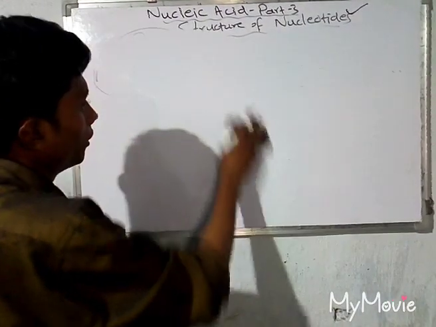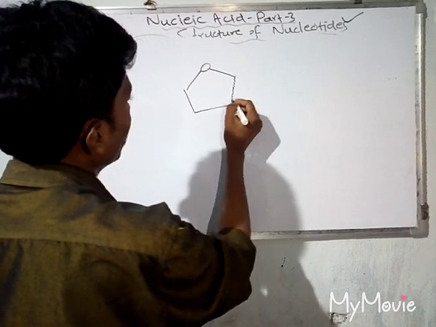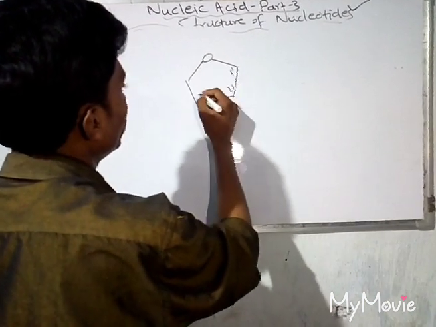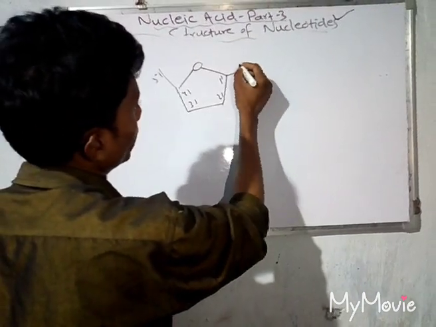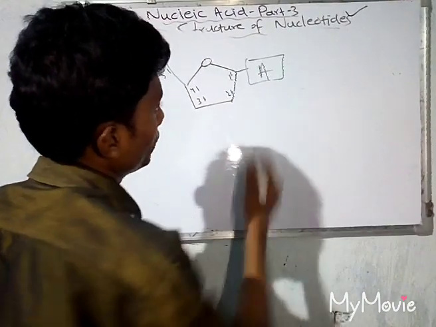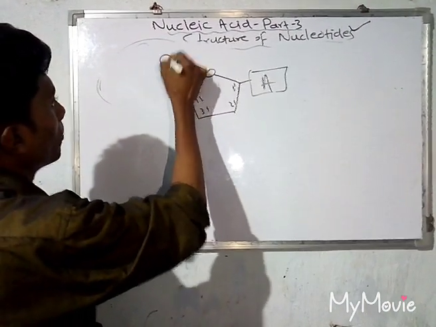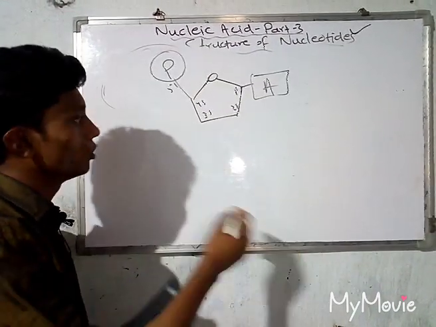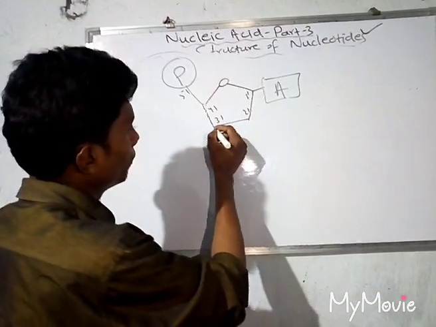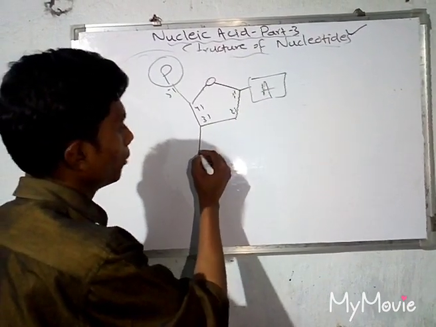Next, we should know how a polynucleotide chain is formed. We'll give a brief idea here. Let us consider this is the sugar. At 1' carbon is a nitrogenous base. Let us consider here adenine is attached.